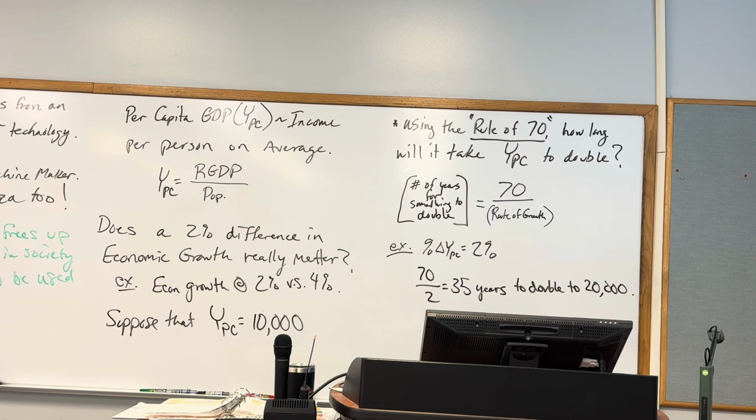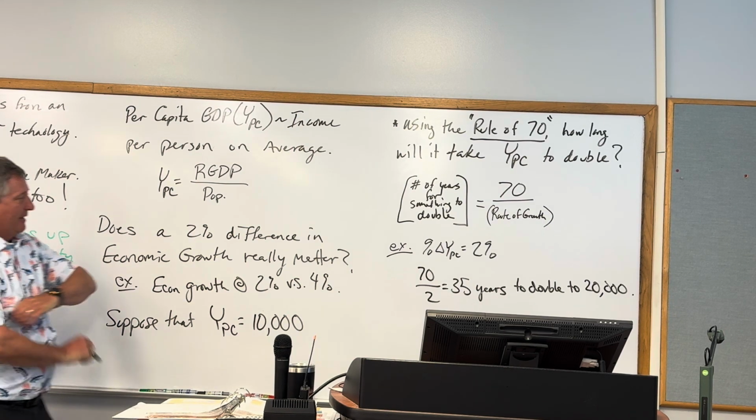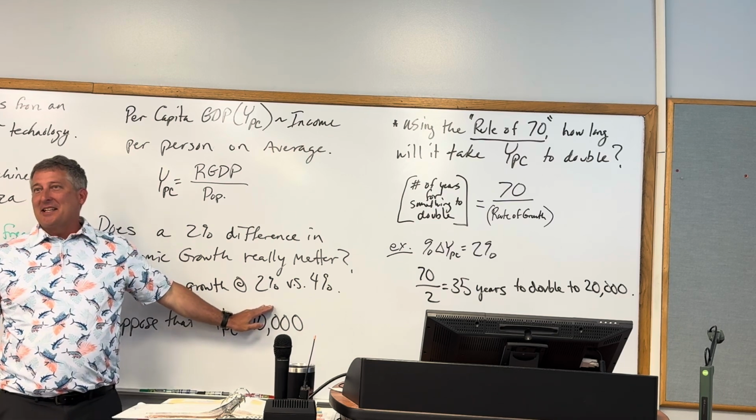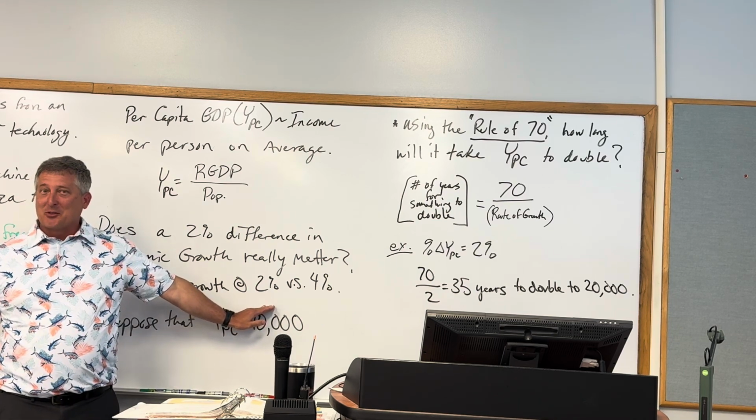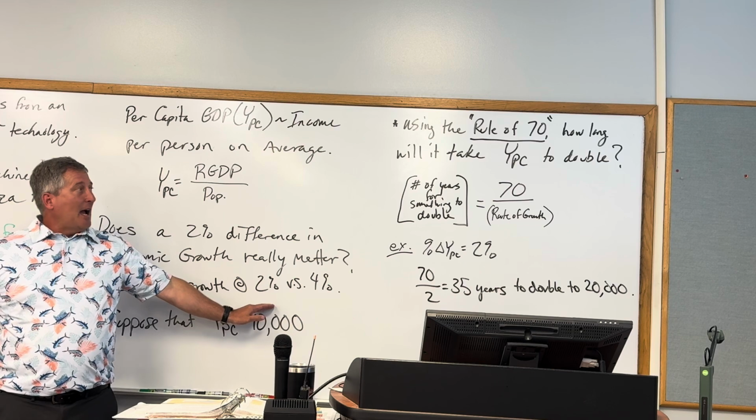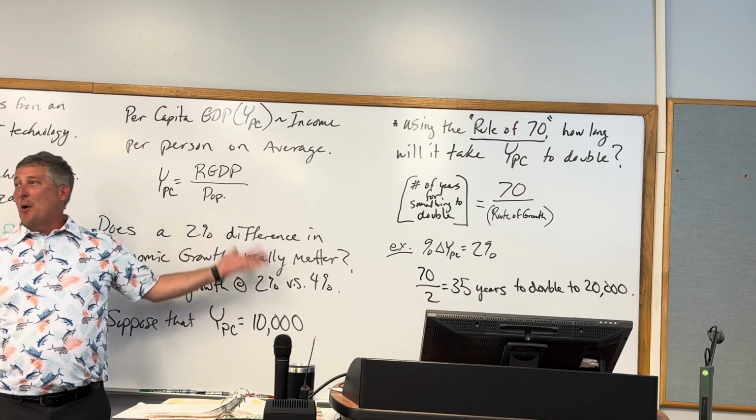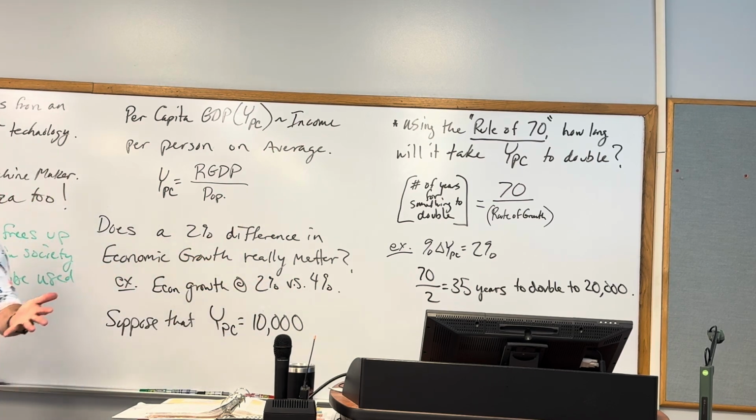Okay, so that's like pretty much doubling your guys' lifespans, right? So you're making 10,000 per year, and you're going to be making 20,000 a year 35 years from now. How much is it if I'm in a 4% growth country?